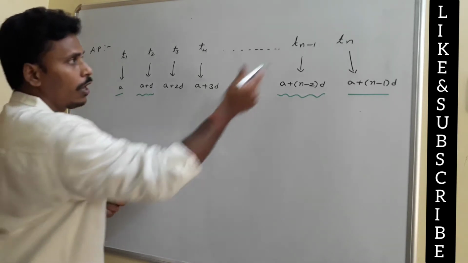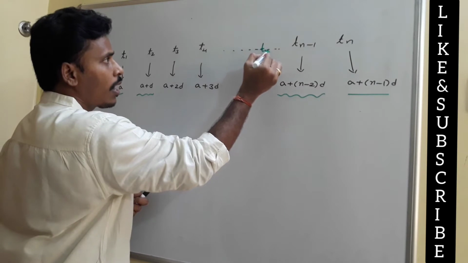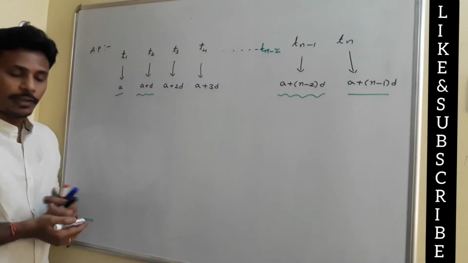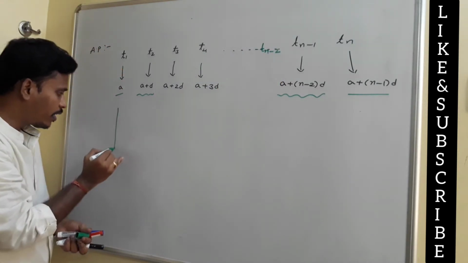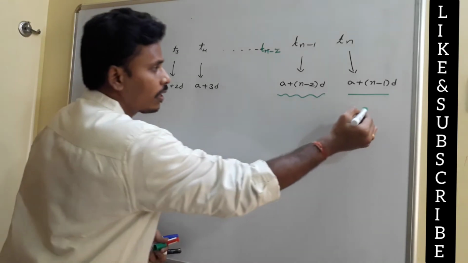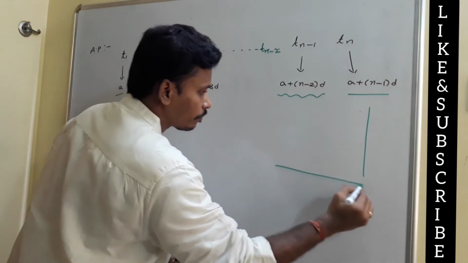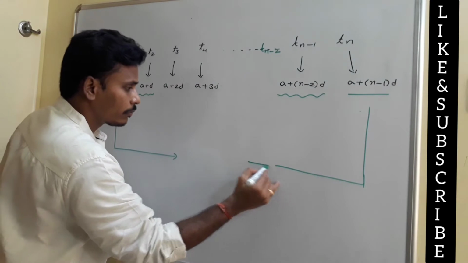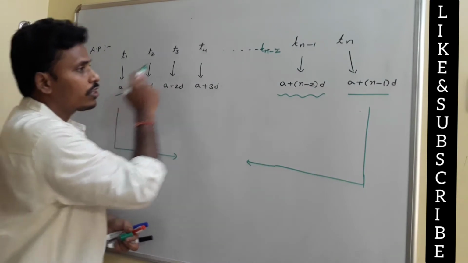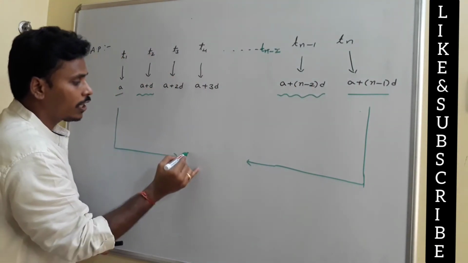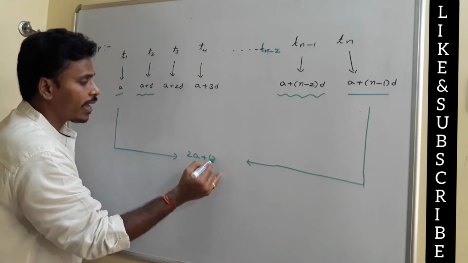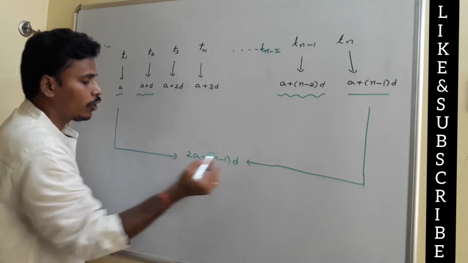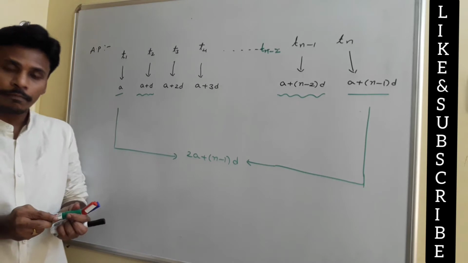The corresponding values. Before this Tn minus 1, I also have Tn minus 2 like that, right? Now you just add this first term along with the first term from this end. If you add these two values, this is A and this is A plus n minus 1 into D. If you add, it becomes 2A plus n minus 1 into D. Is it right? Right.